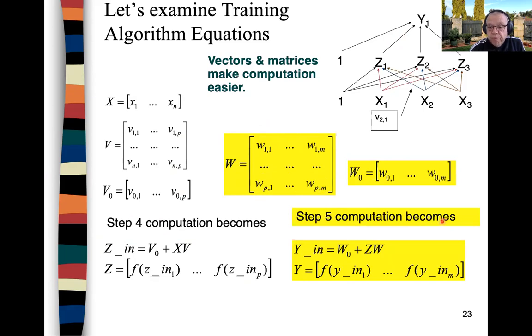And the step 4 before, computation becomes the bias plus Z, the output of the hidden layer, times the W matrix, the weight matrix between the hidden layer and the output layer. This is the net activation. So to find the final output, Y, the actual, we apply the corresponding activation function.